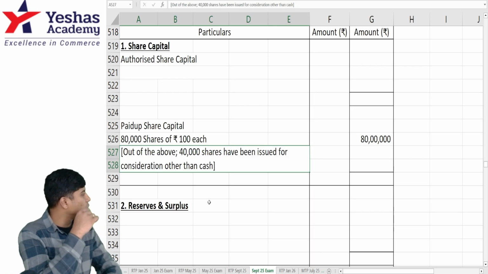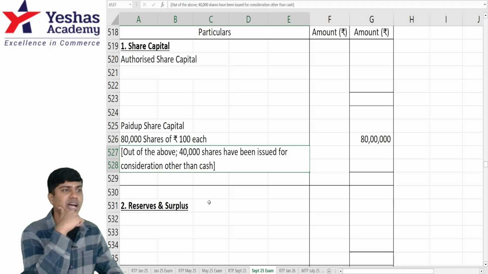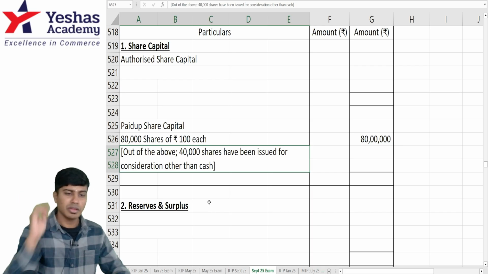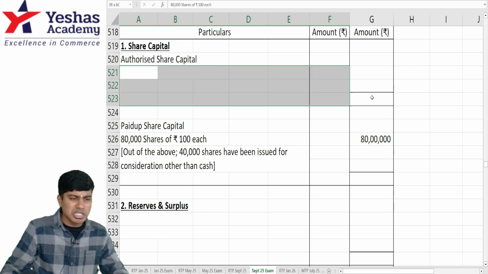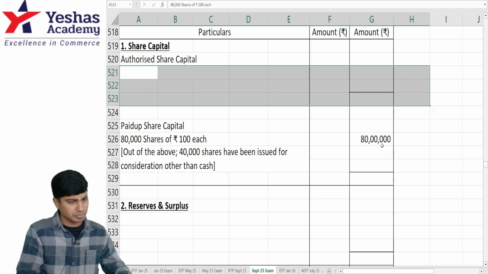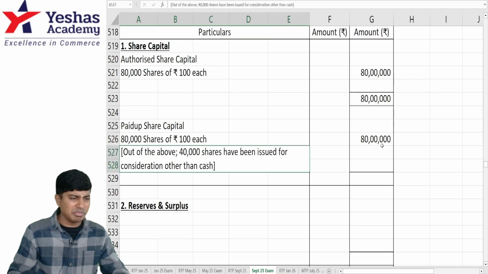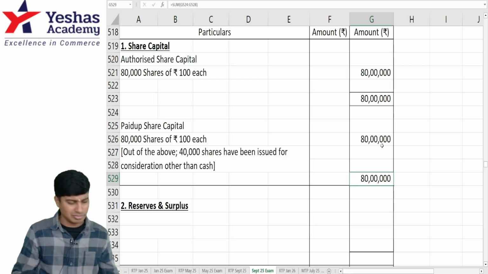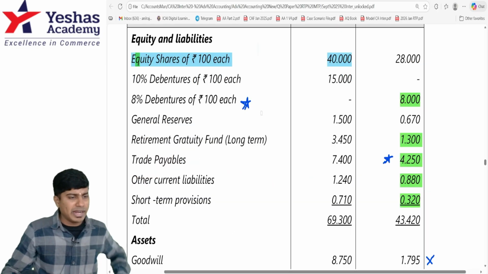I have to make the disclosure separately. Out of the above 80,000 shares, 40,000 shares have been issued for consideration other than cash. Very nice. I will assume the same is my authorized capital also. You could have left that empty, just that I have written. Come back to the balance sheet.